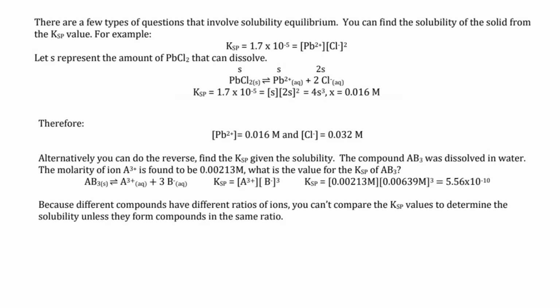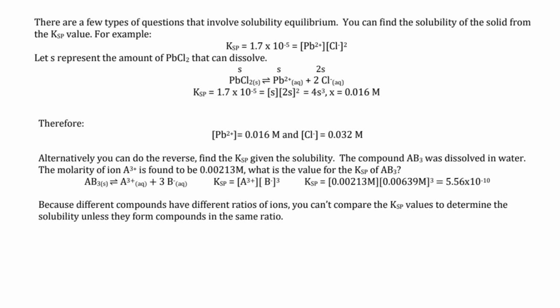So we can look at a few types of questions that are going to use some type of solubility equilibrium. So you can find the solubility. For example, if the KSP for lead 2 chloride is 1.7 times 10 to the minus 5, you can set that value to the expression.